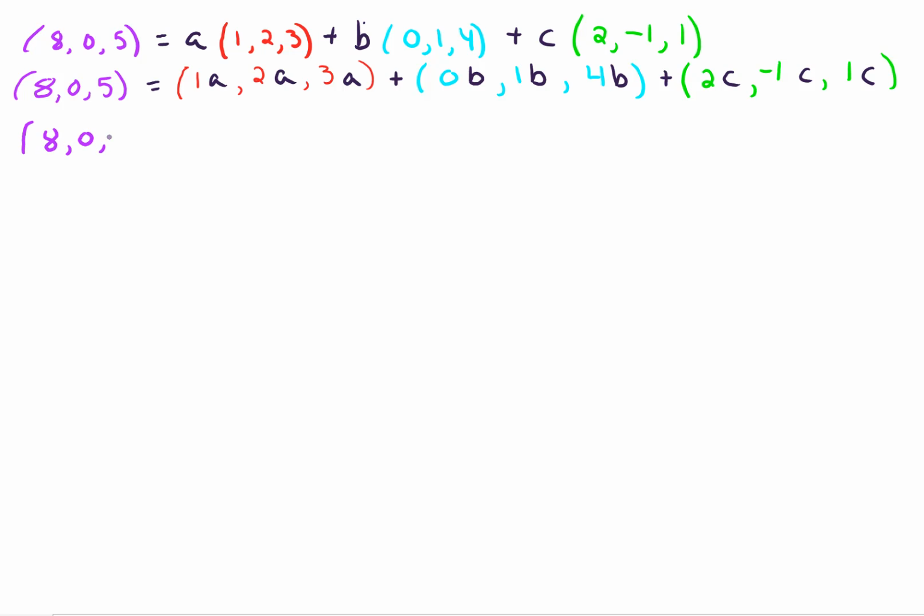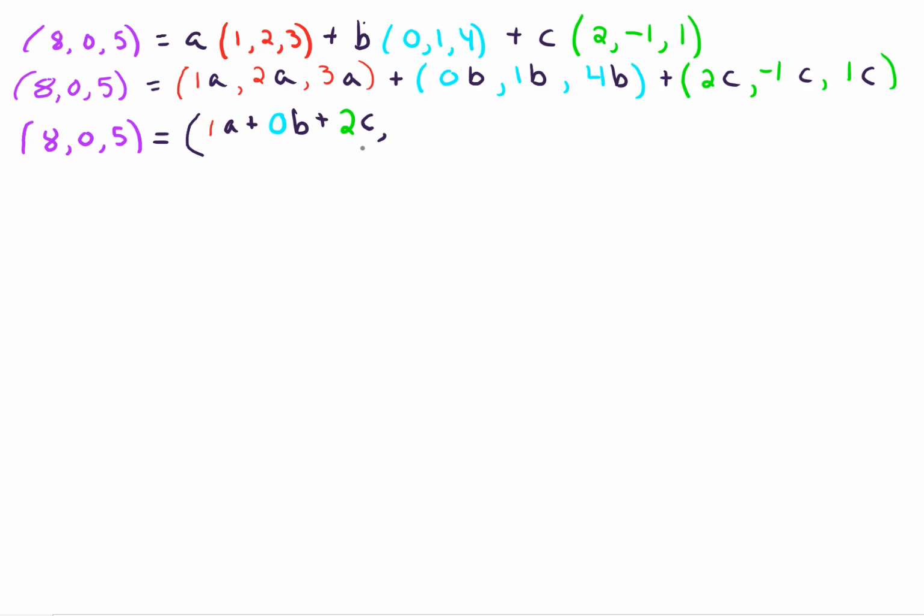On the left-hand side, nothing's changed, so I'll copy that over. On our right-hand side, we're going to get a big vector, and we're going to have 1A plus 0B plus 2C.